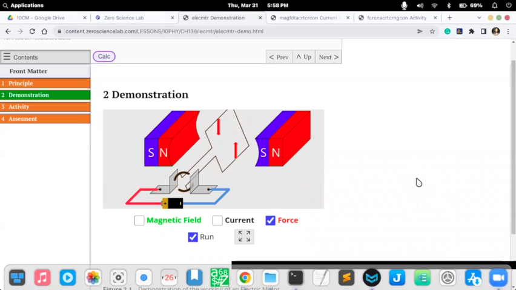But there are two categories. One is called DC motor, another is called AC motor. There is a slight difference between those two, but that is not there for you. If time permits, definitely I will explain the difference between AC and DC motors, right?